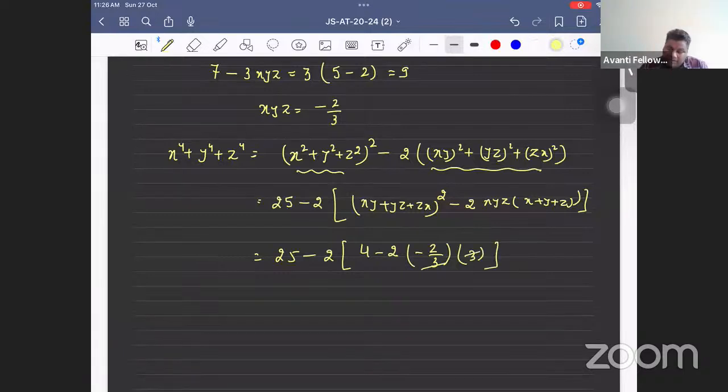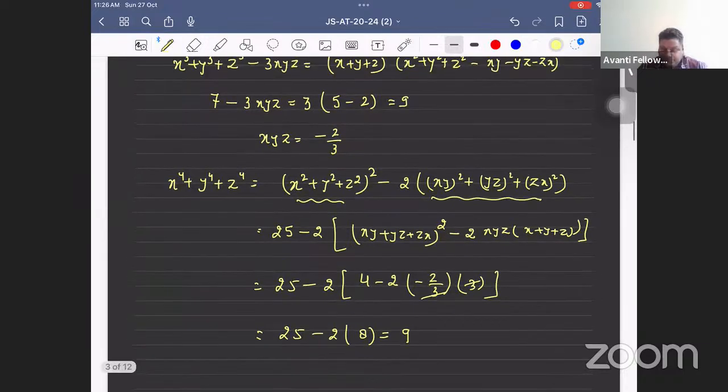Correct? This 3 cancelled. So it is 25 minus 2 times 8, so 16. 25 minus 16, this answer goes 9. Am I clear? So these are just simple algebraic identities you have to use again and again to get through this.